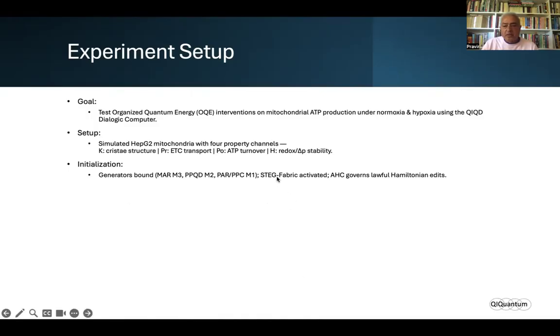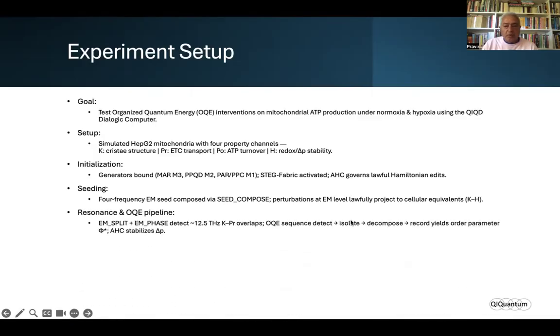That activates the computational fabric, and then the computation is governed by an adaptive Hamiltonian controller, which basically allows lawful Hamiltonian edits to take place as the computation proceeds.